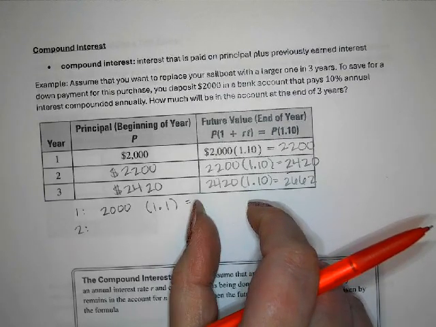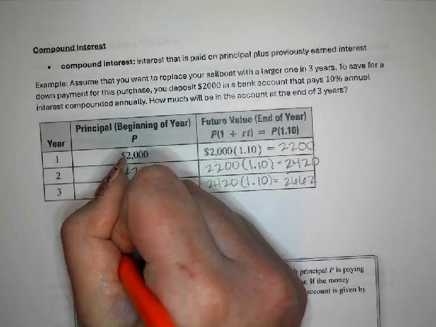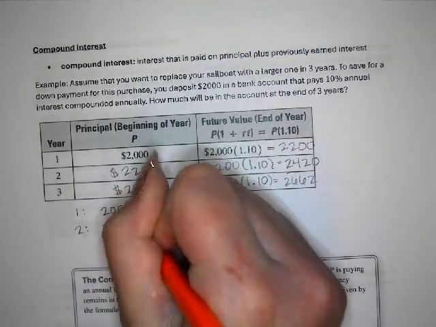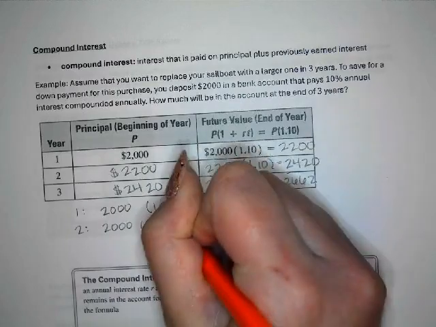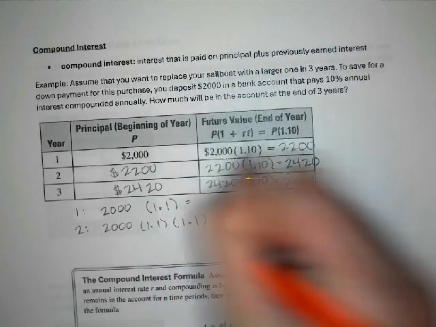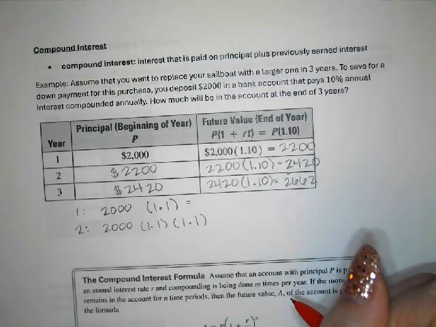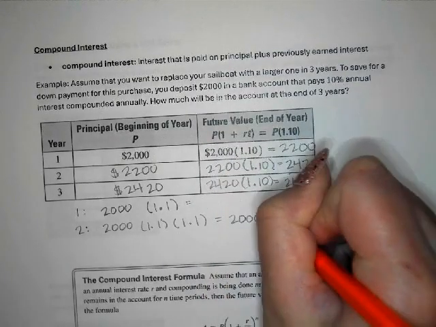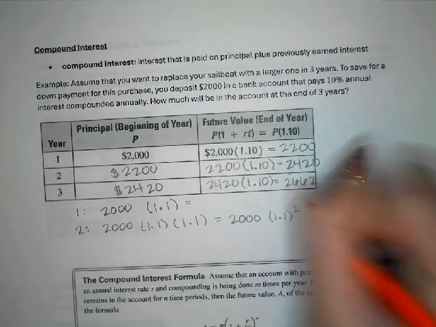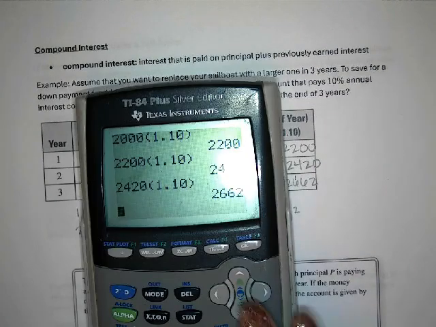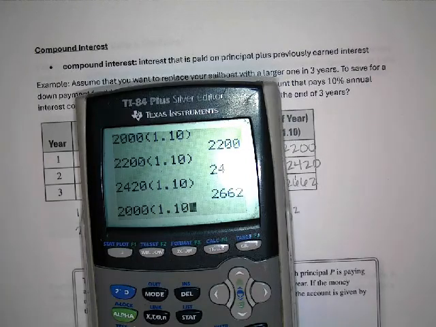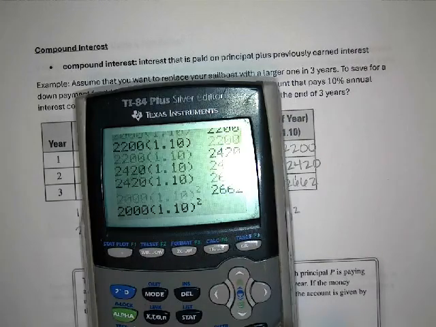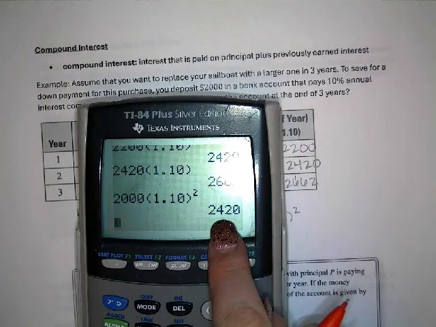So what we really did is we took 2,000 and multiplied it by 1.1, and then multiplied it by 1.1 again, which means we did 2,000 multiplied by 1.1 squared. So I'll show you 2,000 multiplied by 1.1 squared. That's where the 2,420 came from.